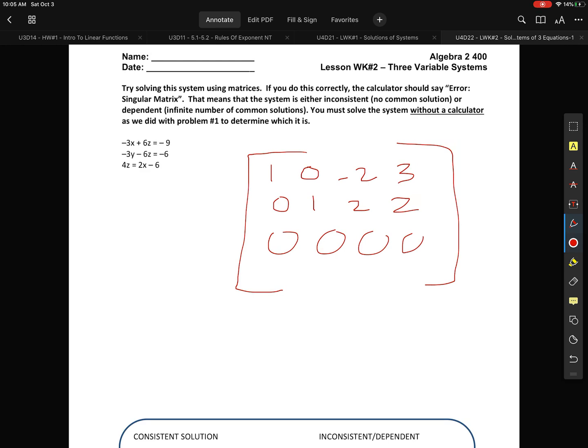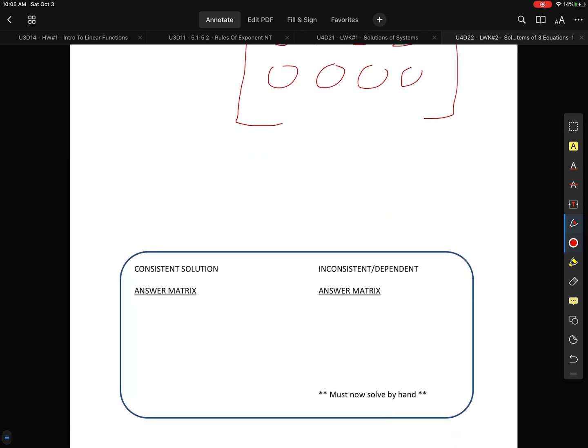That is not an acceptable answer matrix. When you have an answer matrix, the only way it's an actual answer is when we have the diagonal ones with the zeros. So if you have a matrix that looks like that, that is your answer matrix.